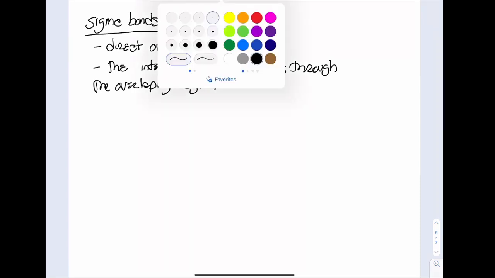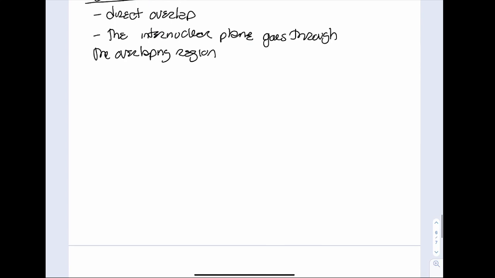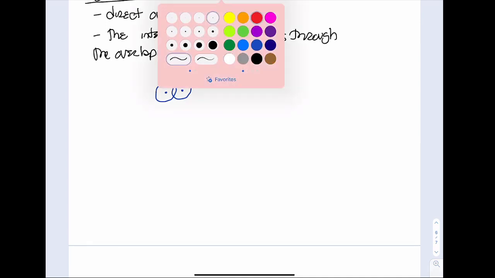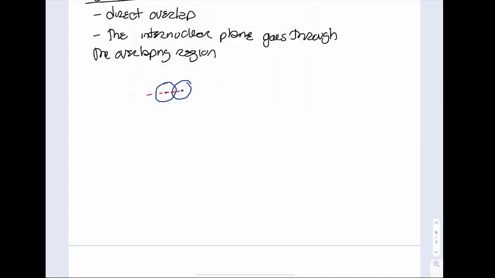So an example for us, if I was to overlap two s orbitals, I have an s orbital that's going to represent my nucleus in the middle. I'm overlapping with another s orbital, its nucleus in the middle. And then if I was to draw a line right through those two nuclei, that dotted line goes right through that overlapping region.